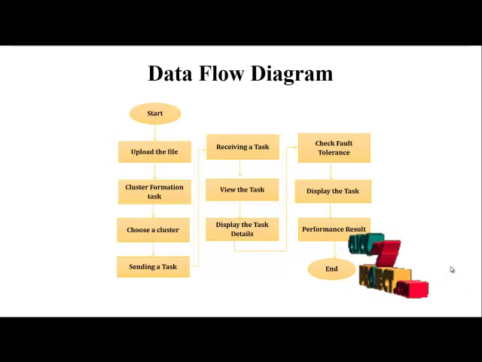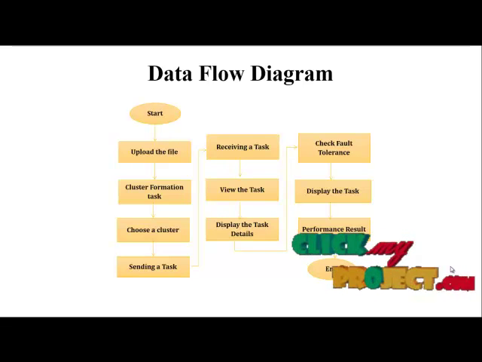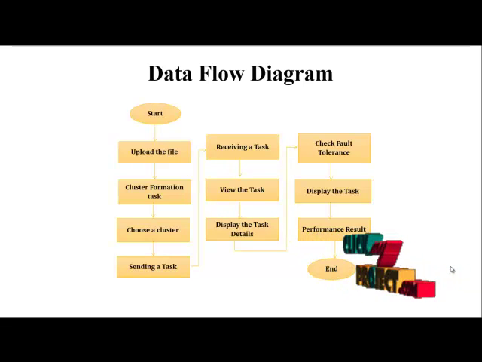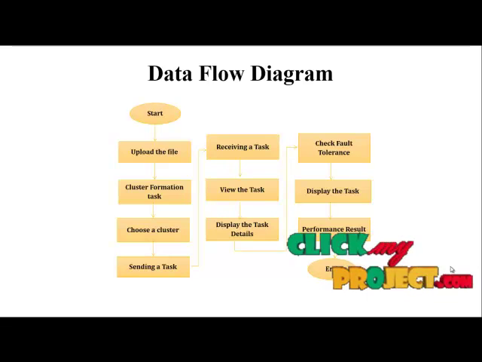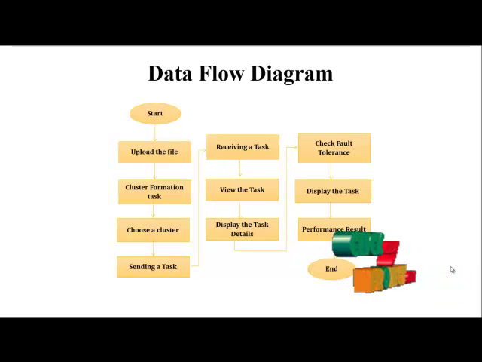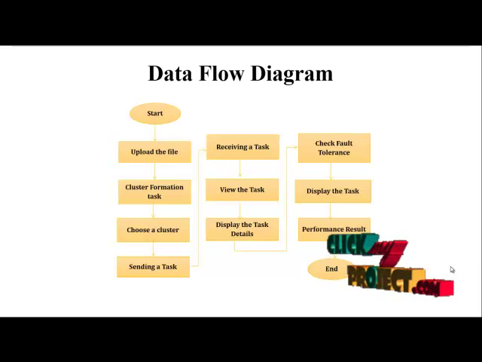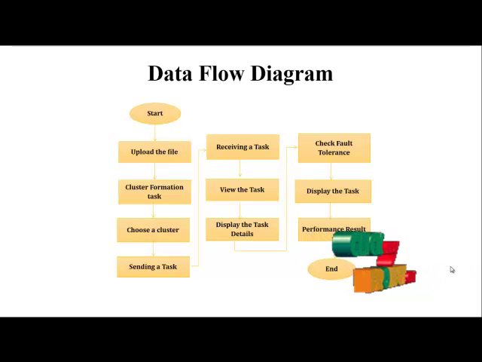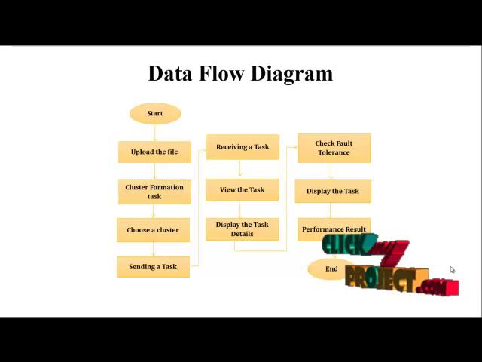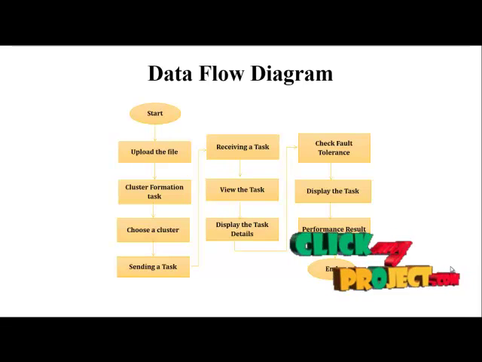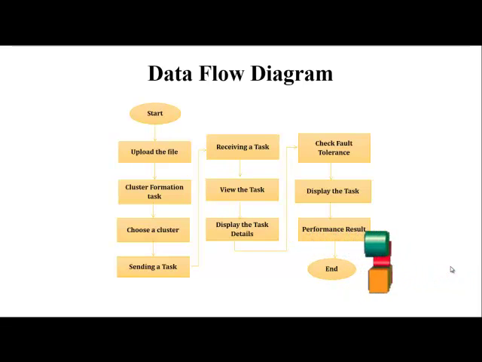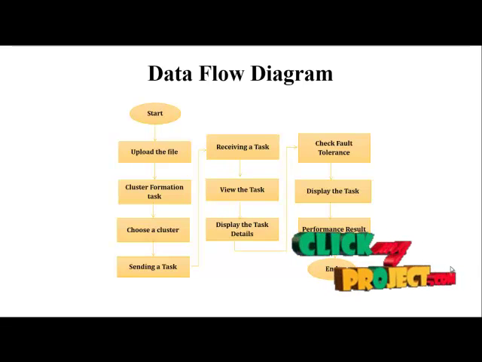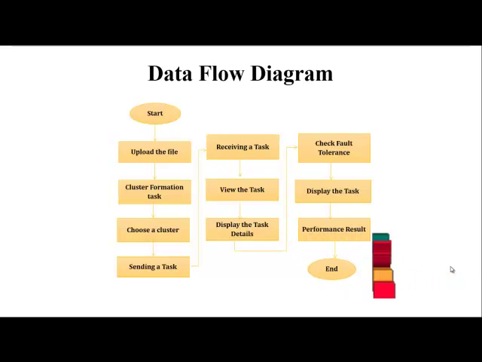I have to form the clusters dynamically. From those clusters, like cluster 1 and cluster 2, I choose any one cluster, select the particular task for sending the file, and receive the task. Then I view the task details, like the file size, file path, and task name.